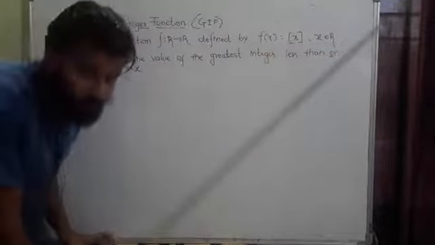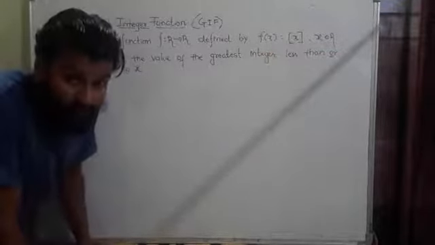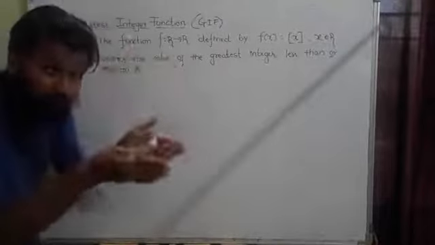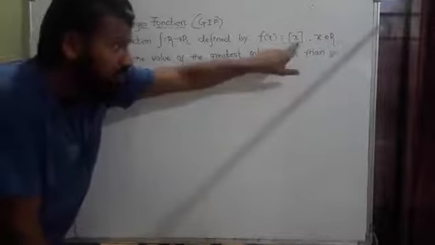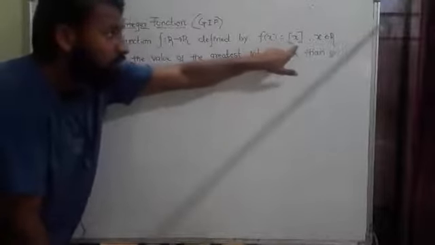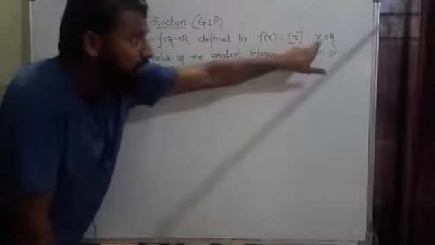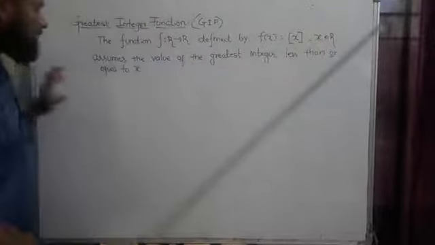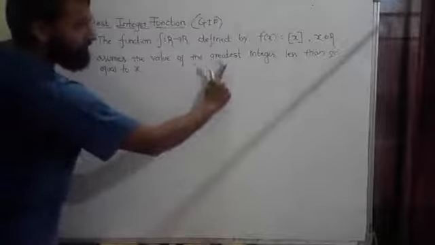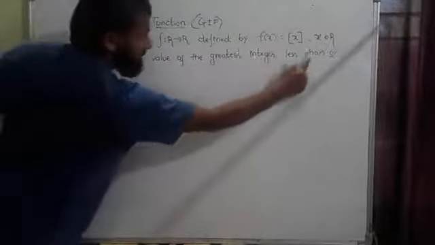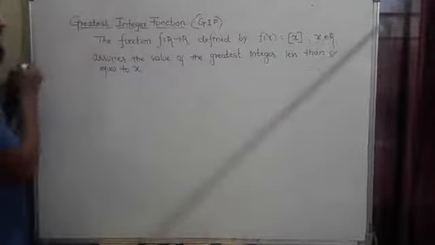This is a very important thing. For modulus we used just 2 bars, but here we have a box. So f of x is equal to box of x, where x belongs to R, and it assumes the value of the greatest integer less than or equal to x.